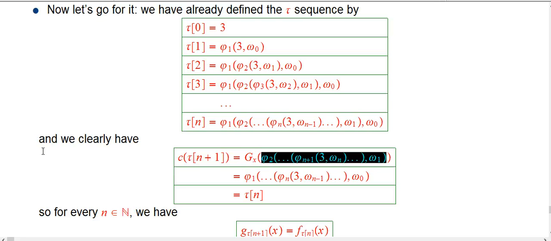And we know what g sub x does. It demotes every single one of those phis one stage. It demotes every one of the omega n's one stage. And guess what? We have phi1 of phi2 of phi3 up to phi n, not n+1 anymore, applied to the appropriate omega n minus 1, etc. That is exactly what we see as the definition of tau of n.